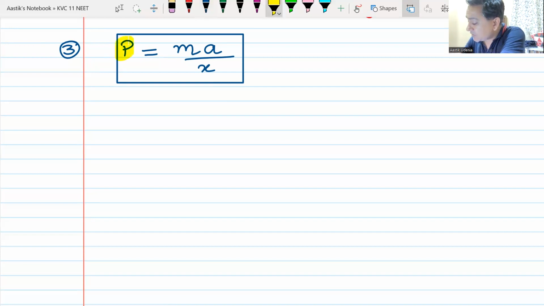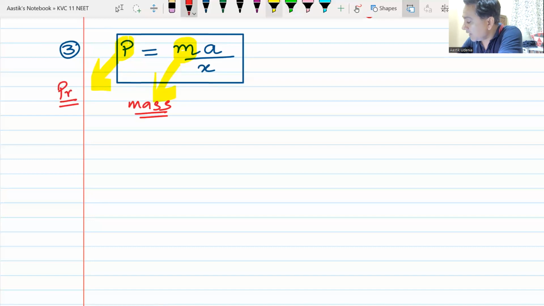P stands for pressure. Let me finish the question, beta. If you have any doubt, you can ask it. M stands for mass. A stands for acceleration. And your X stands for the distance.